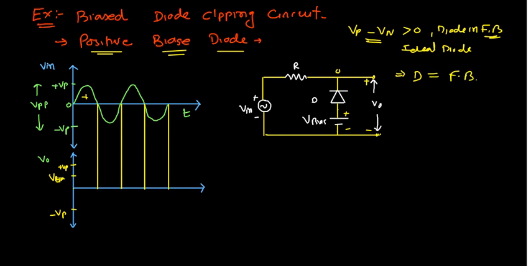Simply we can say that when the diode is in forward bias, this bias supply we can get directly at the output terminal. So V output equals V bias. Whenever this diode is in forward bias, we directly get V output equal to V bias.